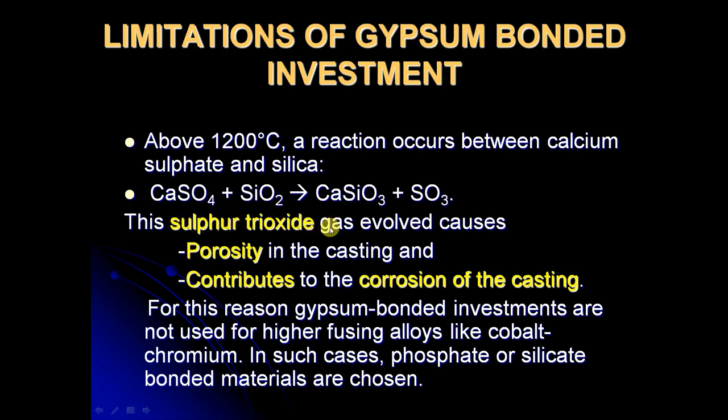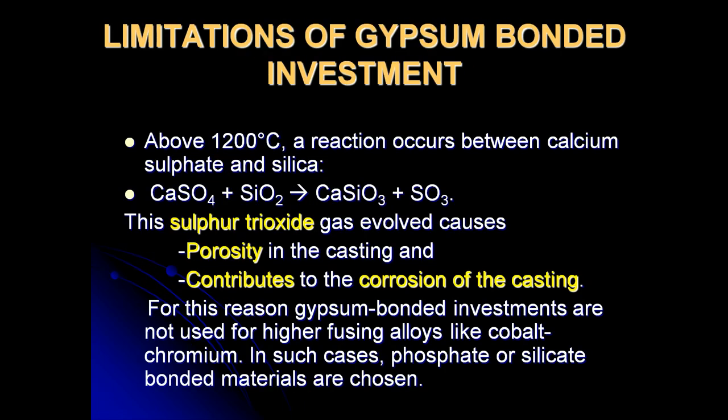So the sulfur trioxide that gets evolved causes porosity in the casting and contributes to the corrosion of the casting. For this reason, gypsum bonded investments are not used for higher fusing alloys like cobalt chromium. In such cases, phosphate or silicate bonded material are chosen.